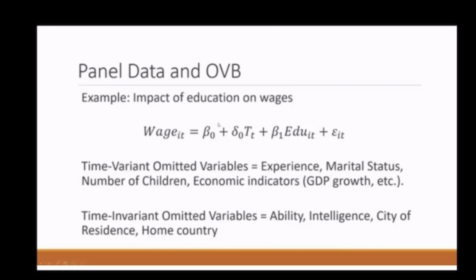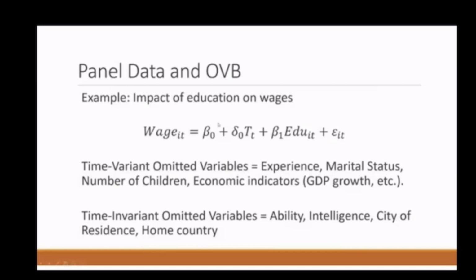What are the time invariant ones now? When you say time invariant, we're talking about the error component. That doesn't vary over time, only varies across cross-sectional units. Like ability, it doesn't vary over time. You can argue that with me. What about intelligence?